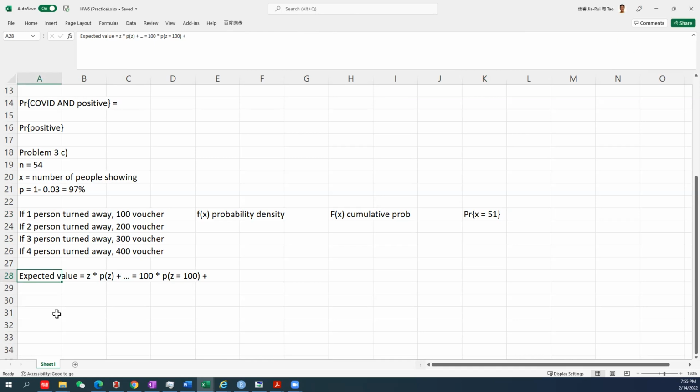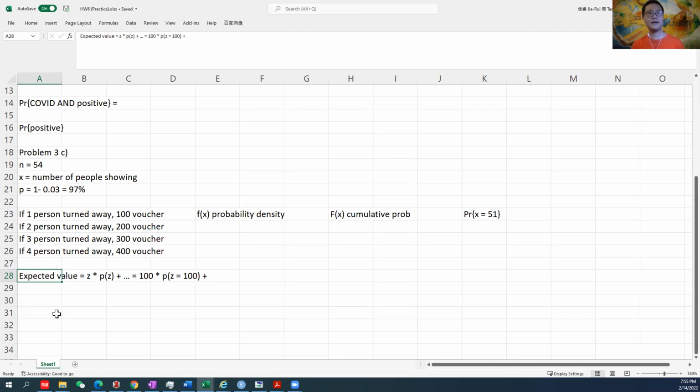So here is a typical case of calculating the expected value of discrete random variables. Because as you can see here, the value of vouchers could only take 4 different values, either 100, 200, 300 or 400.